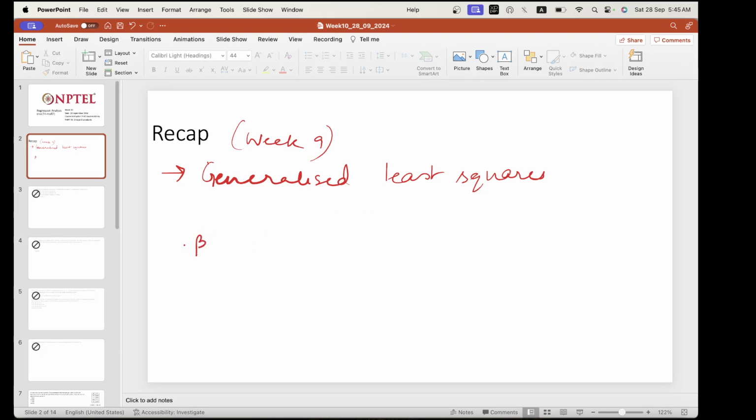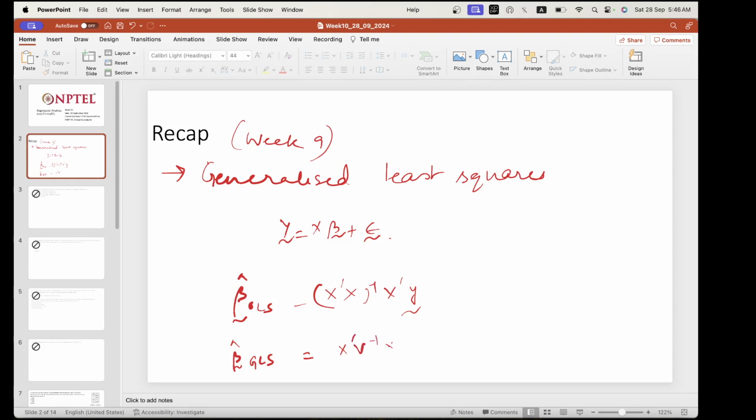If we have y equal to x beta plus epsilon, and our OLS estimate as x transpose x inverse x transpose y, then beta hat GLS was nothing but x transpose V inverse x inverse, x transpose V inverse y, where V is the variance covariance matrix.